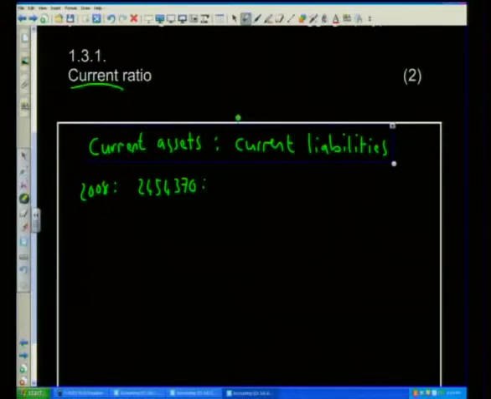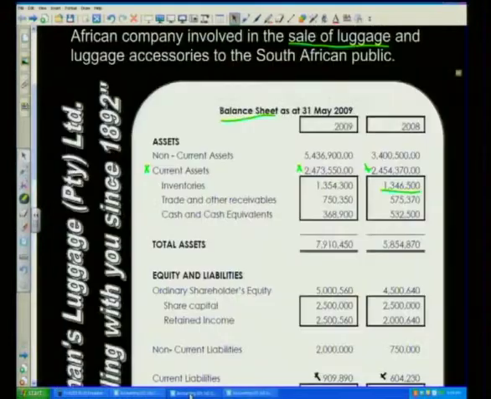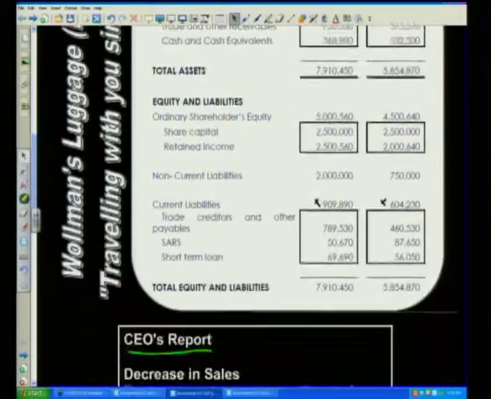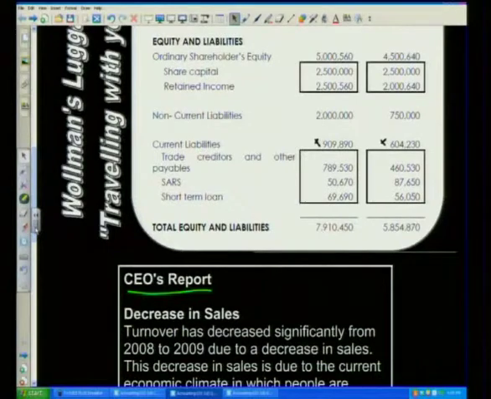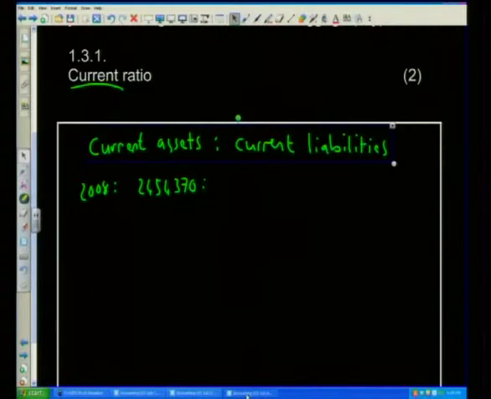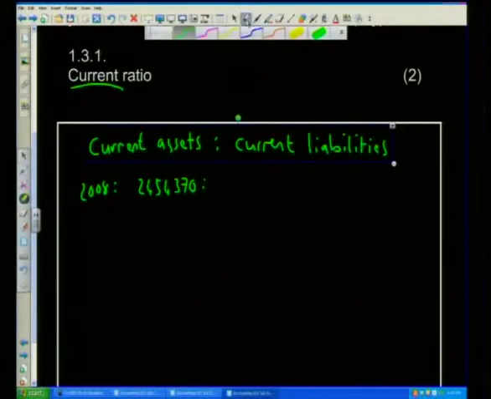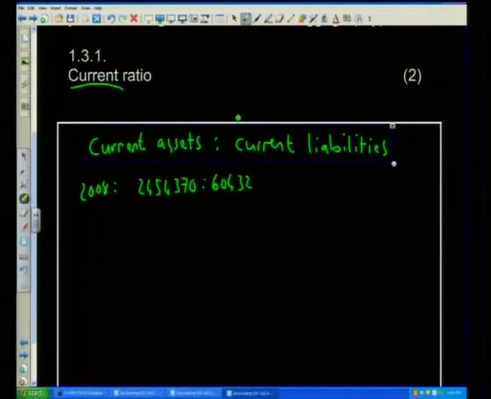Hope you've been paying attention as well. And we're going to do that as a ratio to the current liabilities, which are a little bit further down the page. There it is for 2008, 604230. Let's stick that in. We'll do it as a ratio to 604230.